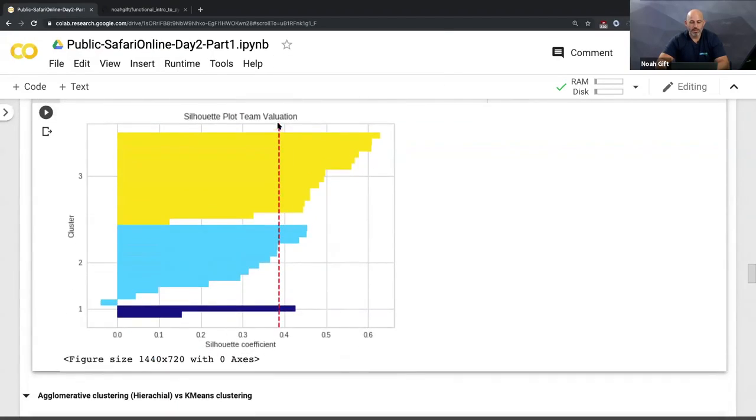And from here, you can see that there's a line, which is a silhouette line. And one way to interpret this is that you always want the clusters to be over this line. Ideally, you would like the clusters to be the same size, but with a very small data set like this, you're going to have situations where this cluster is overpowering this other cluster, and there's nothing that you can do about it.